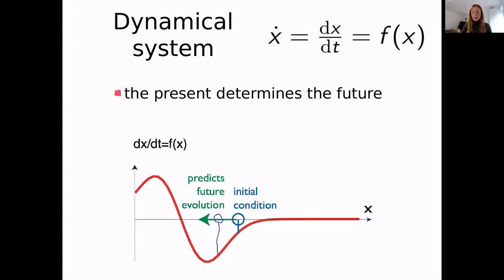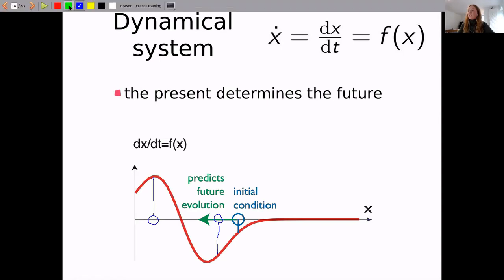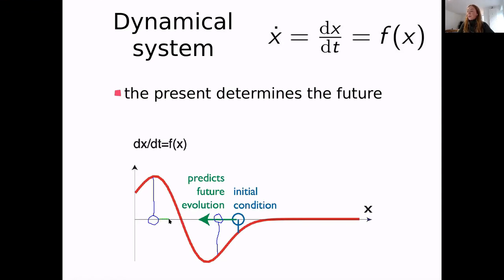And then you can do this again and again. So maybe your initial condition was here, and then your time derivative was positive, and then you would be driven in the opposite direction, right? So a state with a positive time derivative is driven towards higher values. A state with a negative time derivative is driven towards lower values.